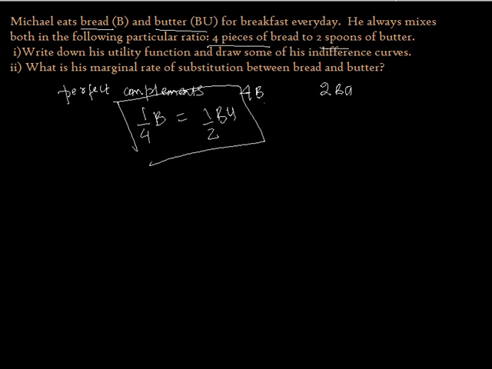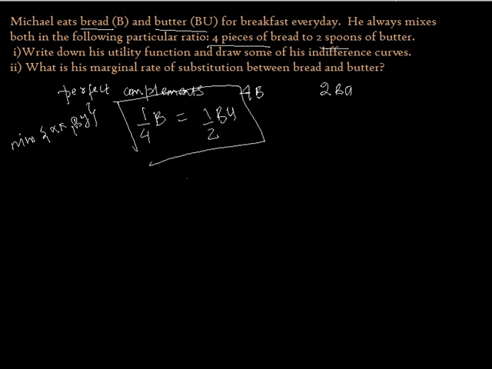I'm again repeating: you had 4B and 2BU, so 1 unit of bread equals 1/4 B, and 1 unit of butter equals 1/2 BU. Now this ratio has to be maintained throughout. You always know that perfect complements are of the form min of alpha x, beta y.